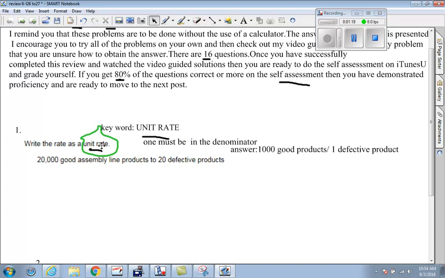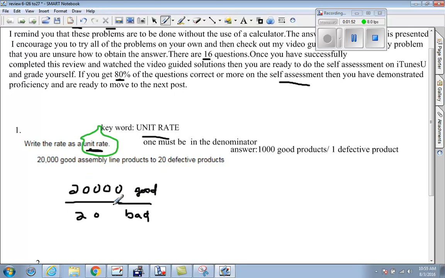All right, so let's grab what we have here, which is 20,000 good assembly line products to 20 defective products. Well, all it says is write as a unit rate, okay? So I'm just going to write 20,000 good products to 20 bad or defective products, okay?